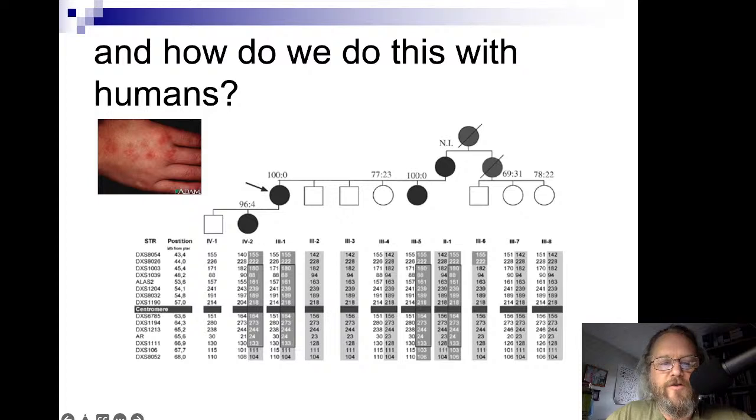And then you start generating your molecular evidence. In this case they are looking at simple tandem repeats, so microsatellites, and comparing the individuals. Where's my cursor? There it is. So individual 1, and so on, all the way through. Remember, individual 1 is that person there.